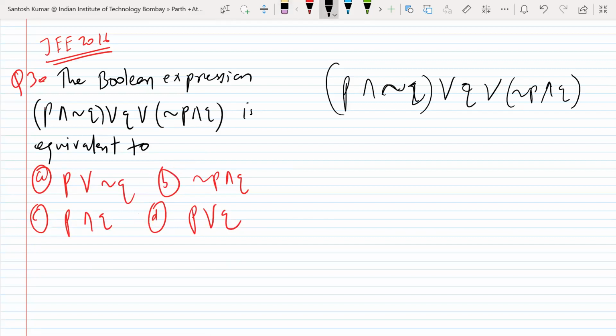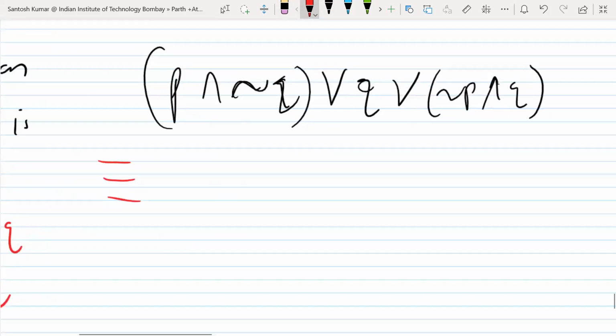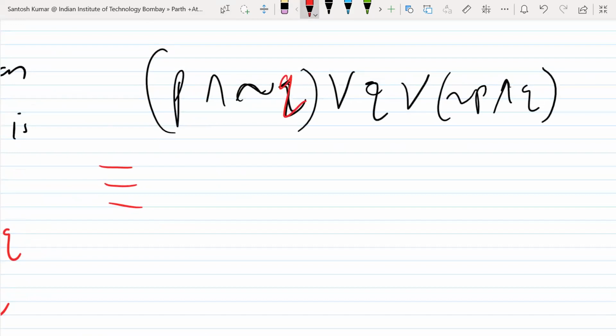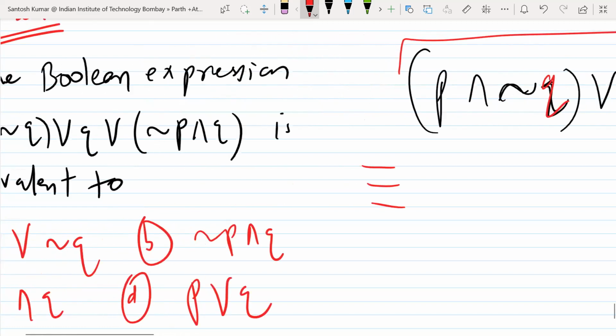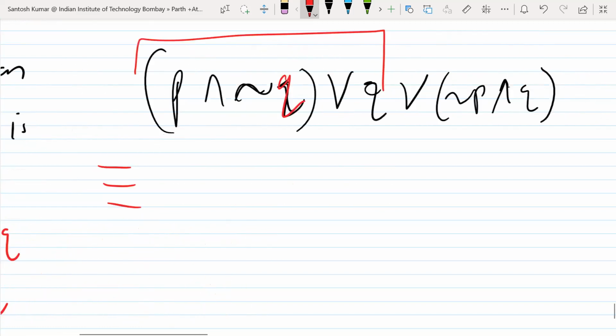So P and not Q, or not P and Q. So what you can do, again you can use distributive over these three, and you get the D option. Okay, so one of you got B and one other D.